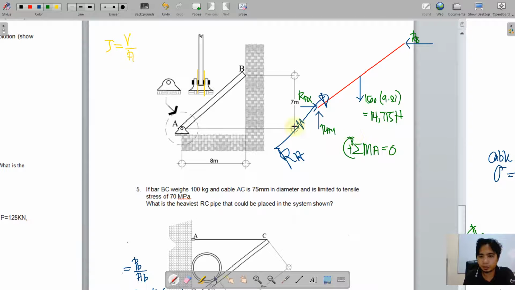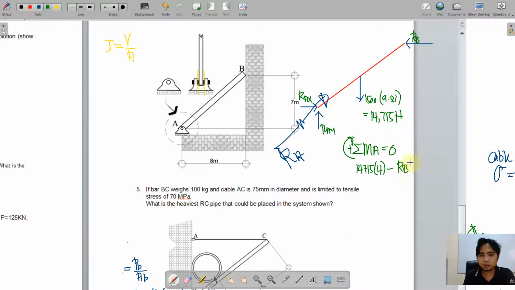Okay, taking moments at A, we have 14,715 times the moment arm, of course, that is half of 8, 4, and this has a clockwise rotation, so it is denoted by positive, and then RB would tend to rotate it counterclockwise, so that is negative.